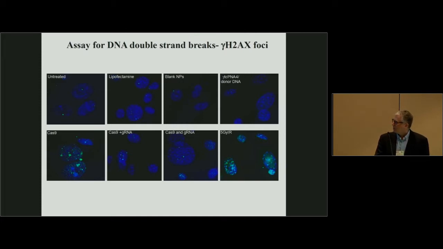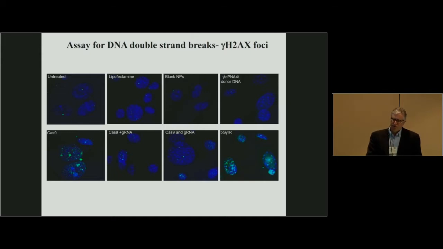So in the lower right panel, that indicates 5 gray of ionizing radiation, you see a classic picture of gamma H2AX foci indicating many double-strand breaks. In contrast, in the upper right panel, you see in cells treated with the gamma PNA and donor DNA nanoparticles, you don't detect any increase of H2AX foci above background, and the background is in the panel on the upper left.